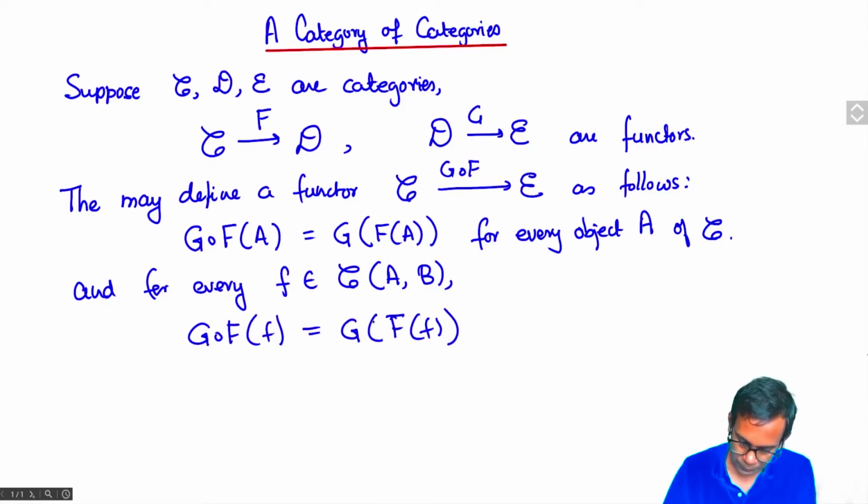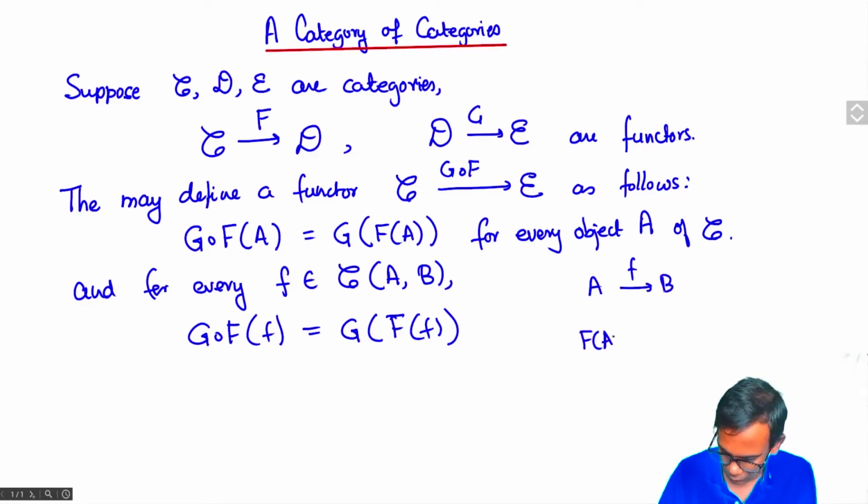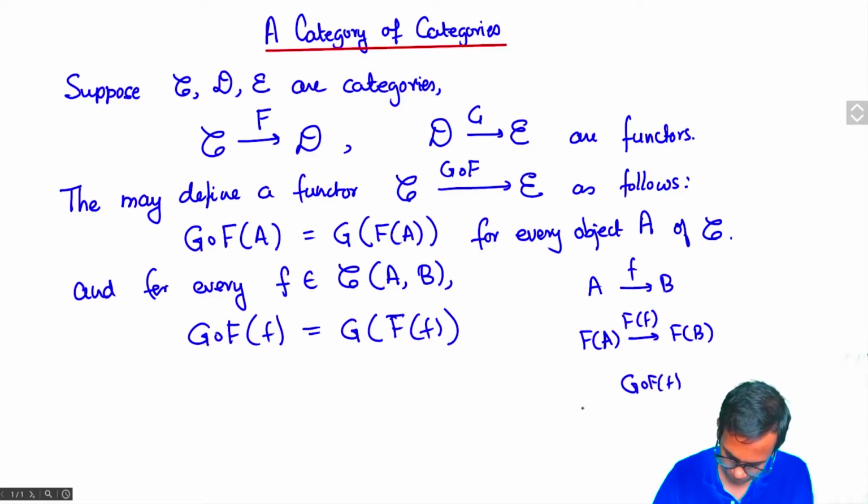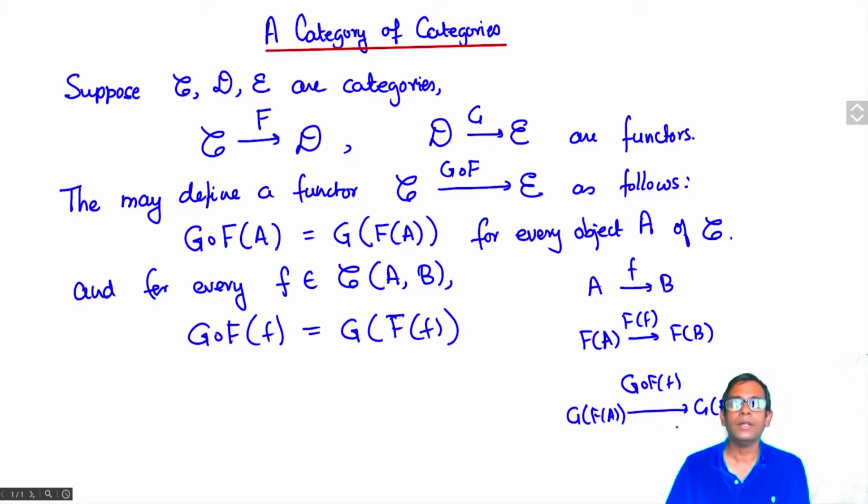Notice here that f is from A to B, and then F of f is from FA to FB. This is how functors work. And then G circle F of f is from G of F of A to G of F of B, and this is an arrow in the category E. And so this defines the composition of functors.